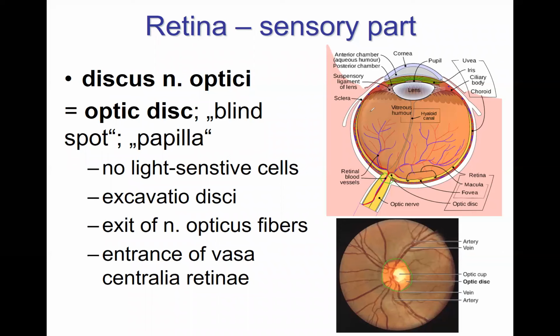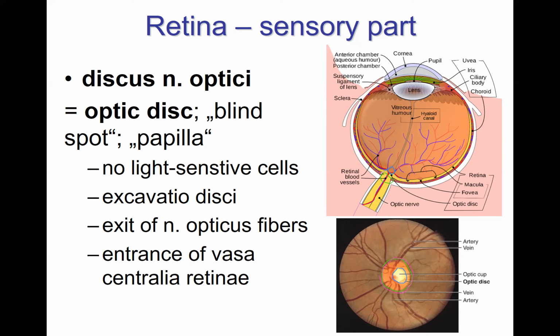The optic disc has got an excavation, which is also called the optic cup, and the optic cup is this area. And it has got a margin, which is called the scleral annulus, and the margin is this one.